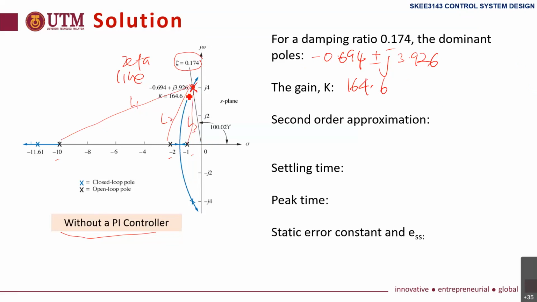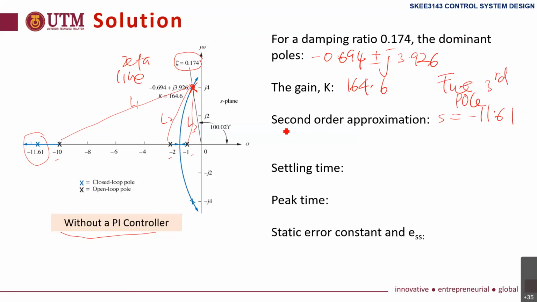This one I took from the book. And if you use MATLAB, you can directly obtain those values. And here is the third pole, s equal to -11.61.